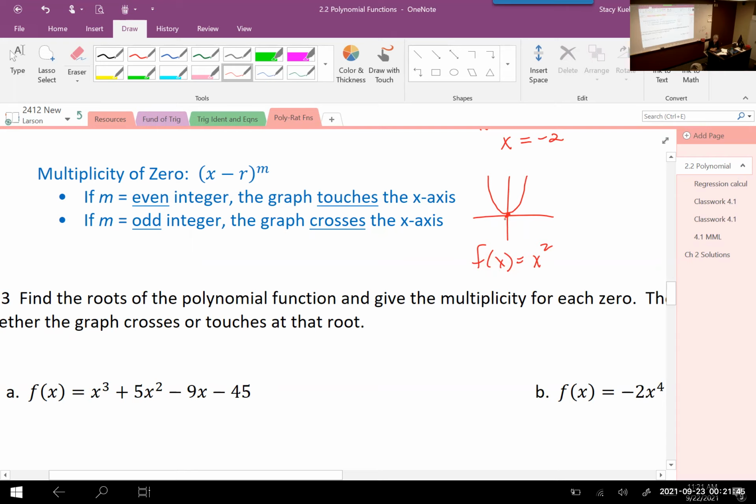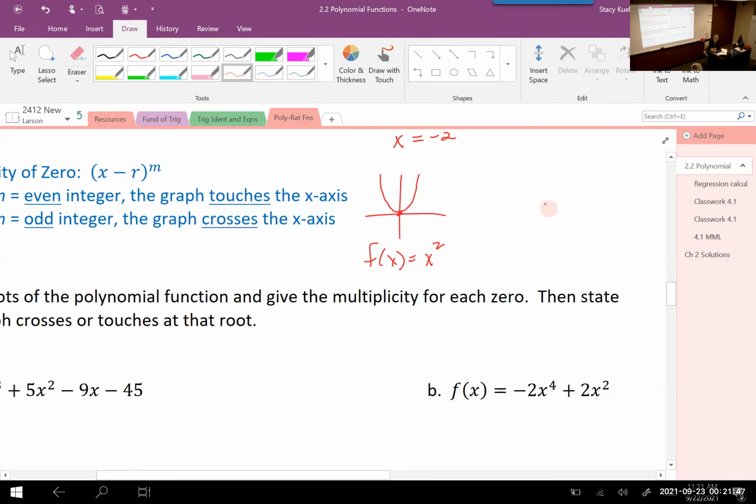Okay? Let's think about this one here. In its most basic form, that is what? x cubed. Notice that we have a root at 0 and we are crossing at 0. Okay, so if that helps you to kind of make that connection.